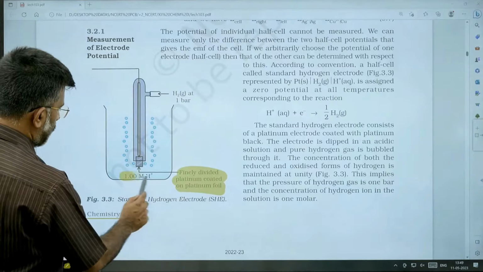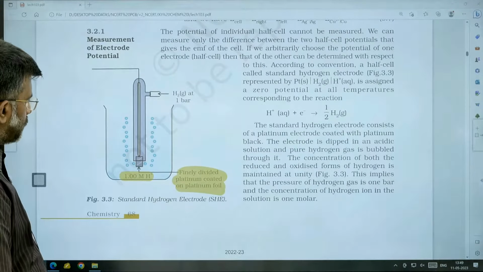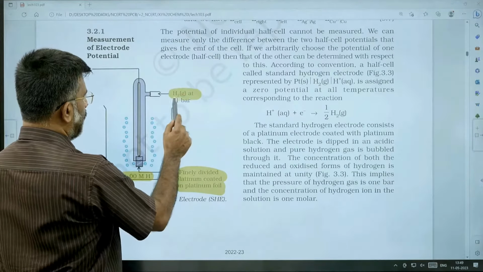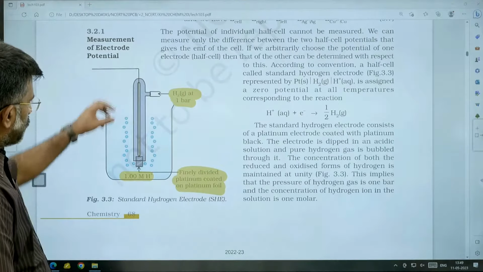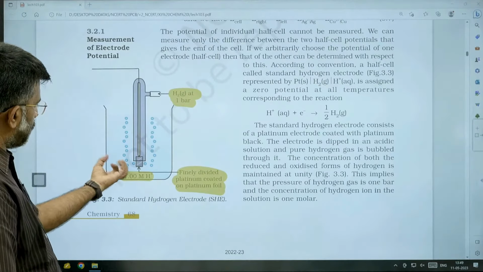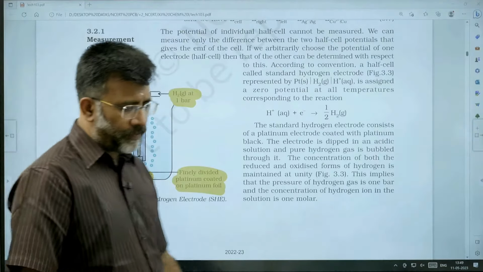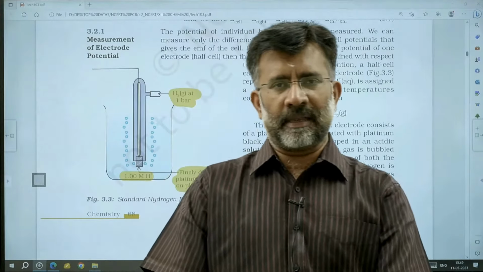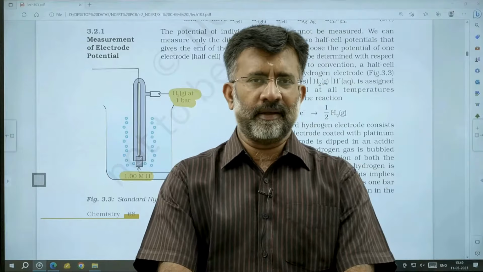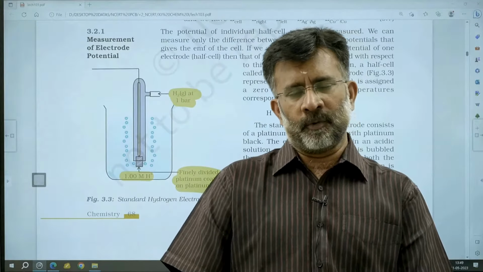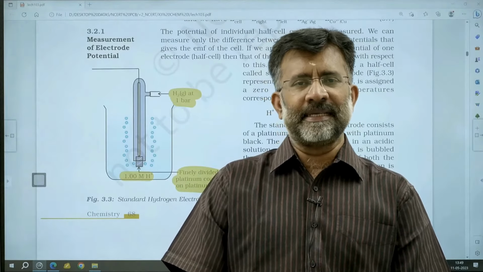We are taking a 1 molar acid solution and we are pumping hydrogen gas at 1 bar. The hydrogen gas pumped at 1 bar, bubbling through the system, will take part in the chemical reaction. And this is the standard hydrogen electrode whose potential is fixed as 0.